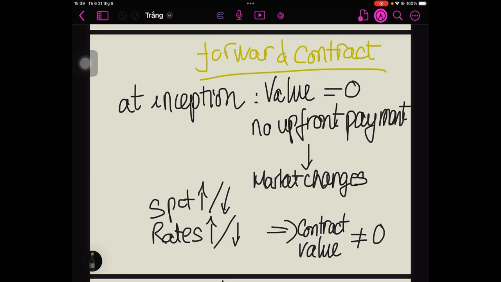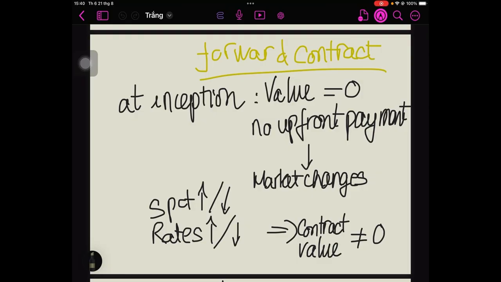At the moment a forward contract is entered into, its value is generally zero because the agreed forward rate is set at the market rate. Neither party is giving the other an immediate economic profit, so there is typically zero initial value and no upfront cash payment.